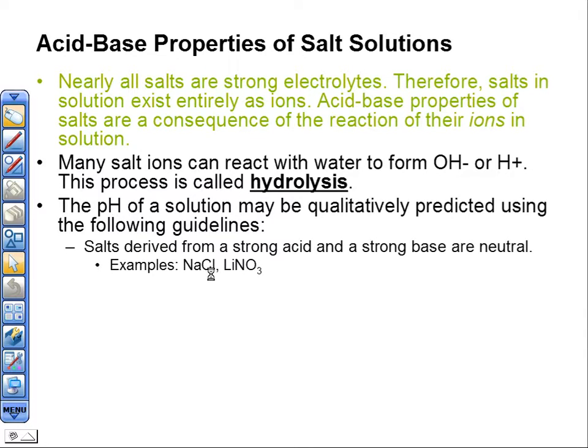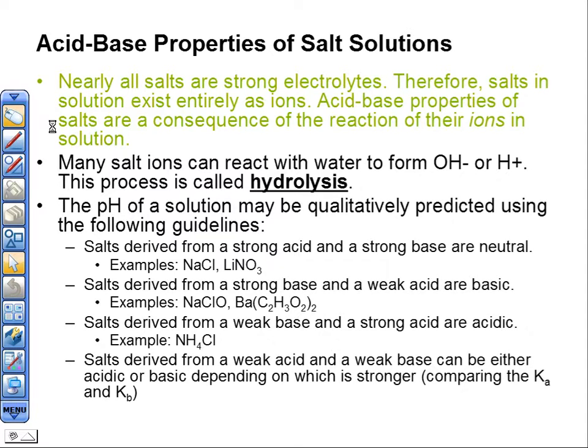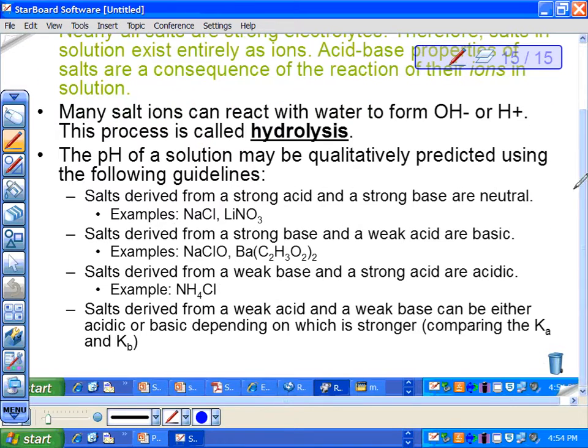For example, NaCl is a product of, probably, sodium hydroxide, the first part, the cation, which comes from a base, and HCl, which is the acid part. So this is a strong base, this is a strong acid. If they're both strong, then this is a neutral salt.